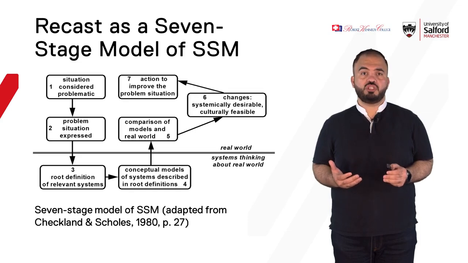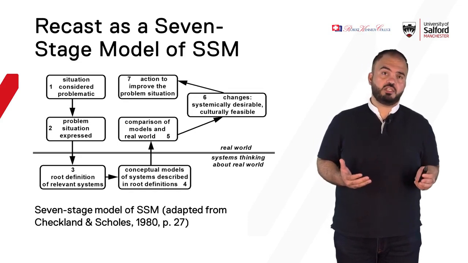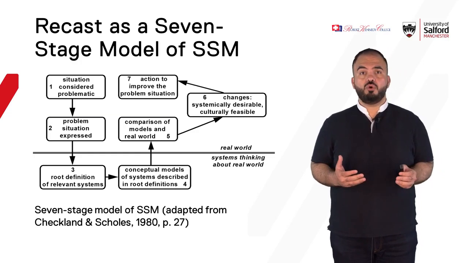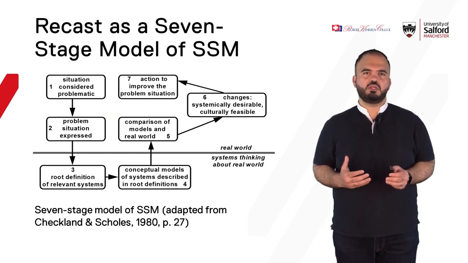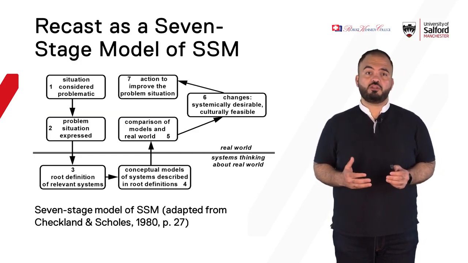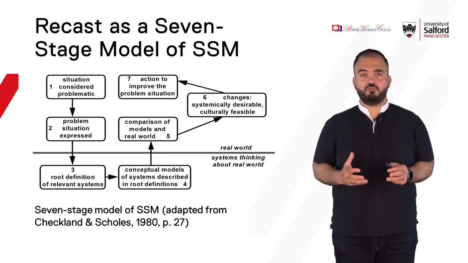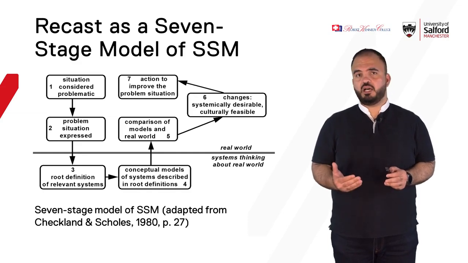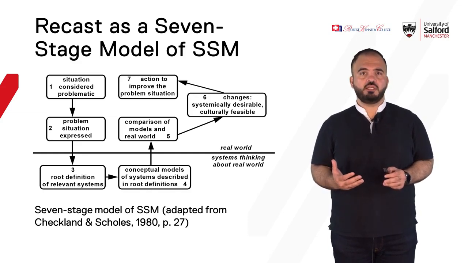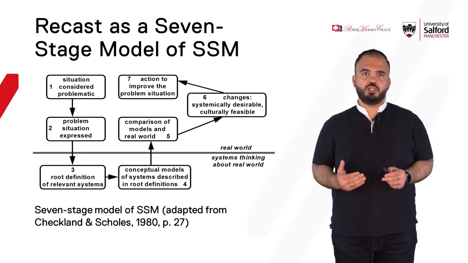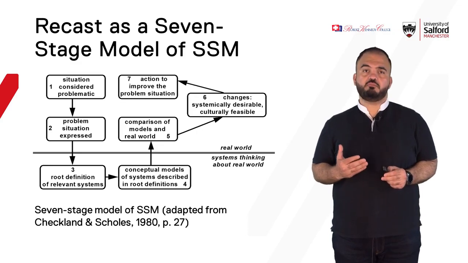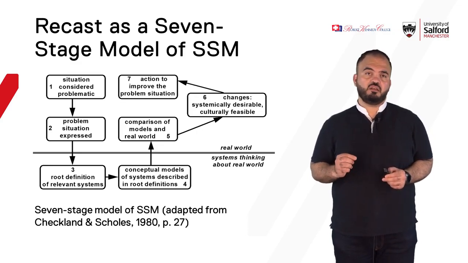We need to do some changes in our business model, in our organizational hierarchy, strategy, or we need to have a new system. And then you go do some actions. And then you keep continuing in the loop again. So it's a full process from hypothesis and conceptual mind into reality and vice versa. So the 7-stage approach of Peter Checkland, and please consult the material underneath this video so you can get to know about Peter Checkland much more.